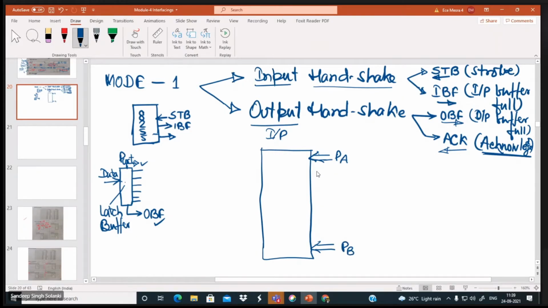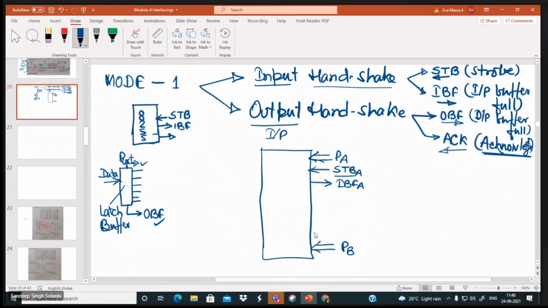With port A, you find the handshake signals STB and IBF. So you have to write here STB port A, IBF port A. For your information, they appear with a bar. Bar means active low logic, and when there is no bar, it means active high logic.